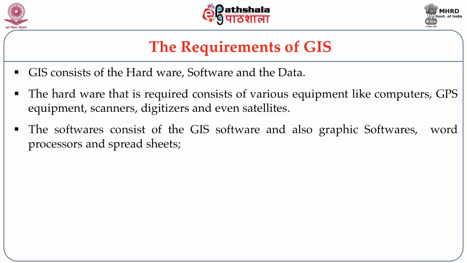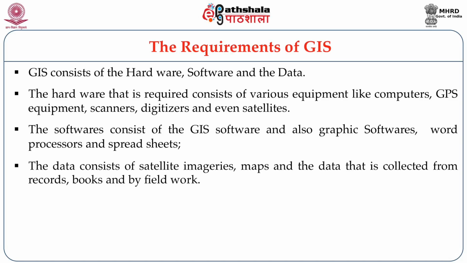The software consists of the GIS software and also the other graphic software and word processors and spreadsheets. The data consists of the satellite imageries, maps, and the data that is collected from records, books, and by doing field work. All this becomes part of the GIS data.